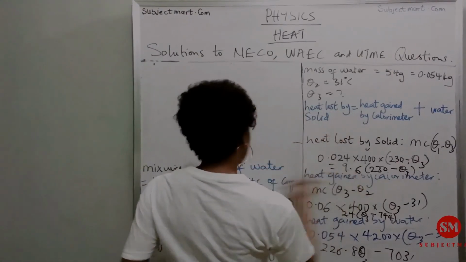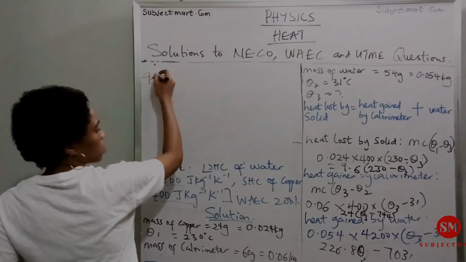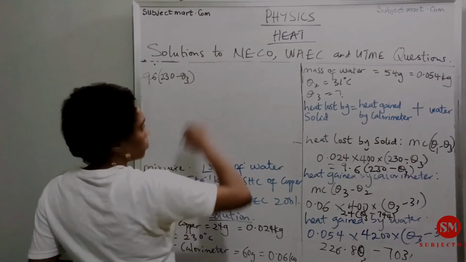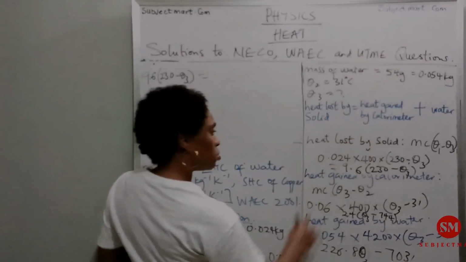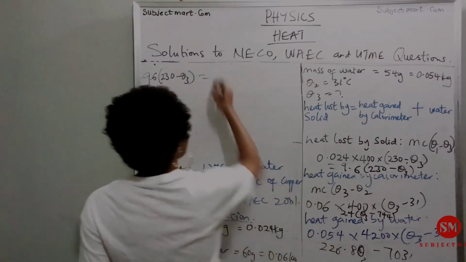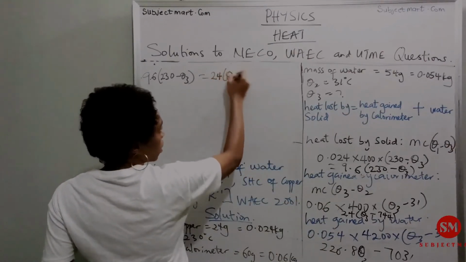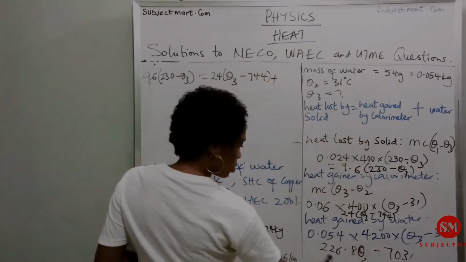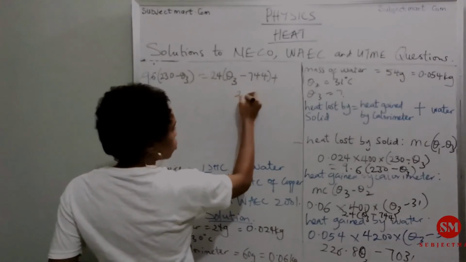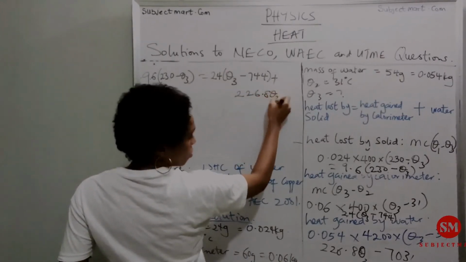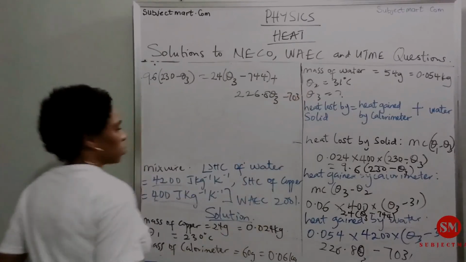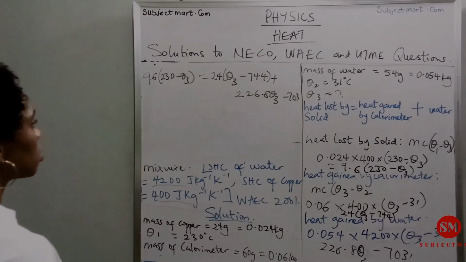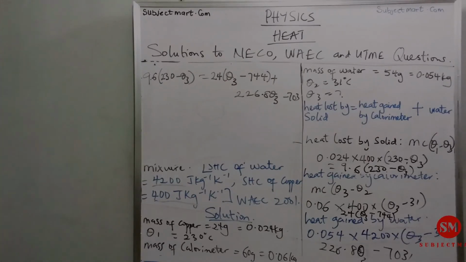So I'll just go back to this statement. The heat lost by the solid, 9.6 into bracket 230 minus theta 3, is equal to heat gained by calorimeter, which is 24 theta 3 minus 744, plus heat gained by the water, which is 226.8 theta 3 minus 7,031. So if I go ahead and open this bracket, this is what I'll have.